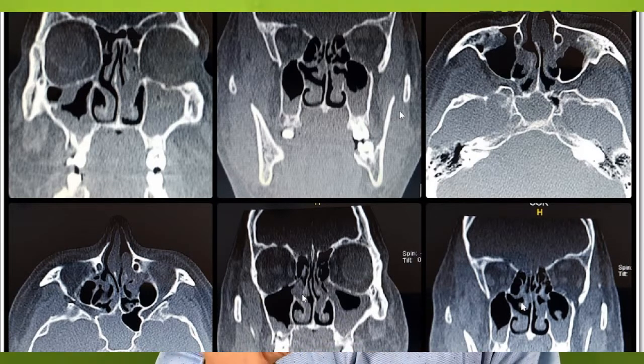This radio opacity will not be just like the bone. Bone is too much white, but this is slightly dense tissue. Sometimes we may even get a fluid level, that is a level of a fluid.